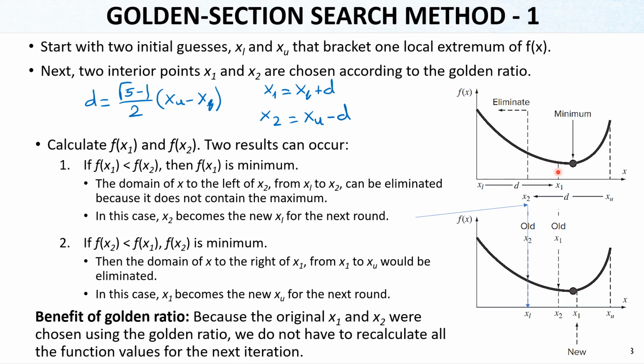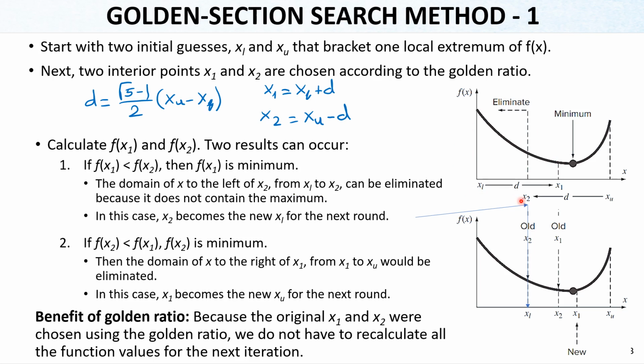fx1 is minimum. This is the assumption. So here maybe we can check the function value of x1 and function value of x2. x1 is smaller, so that means this is the minimum. And the domain of x to the left of x2 here, in that case, will be eliminated from xl to x2. Here, this part then will be eliminated because this was found as the minimum.